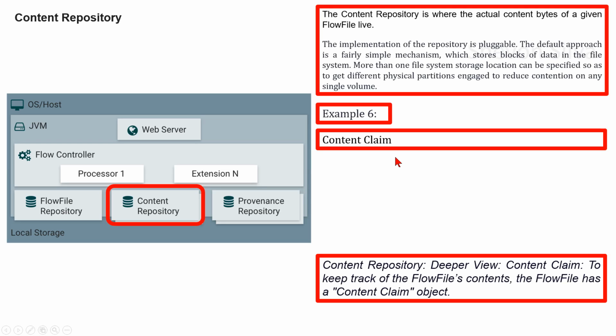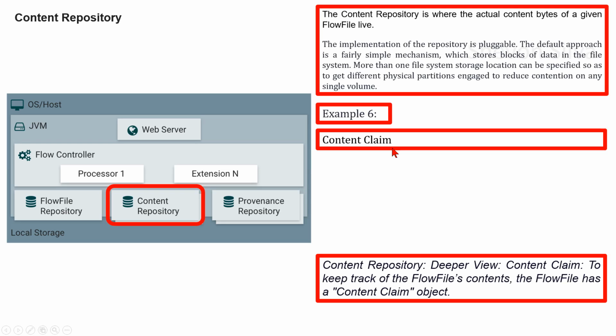This is done by keeping track of the file ID, the section of the file, and the container the section is a part of. To keep track of the flow file contents, the flow file has a content claim object. This content claim has a reference to the resource claim that contains the content, the offset of the content within the file, and the length of the content.